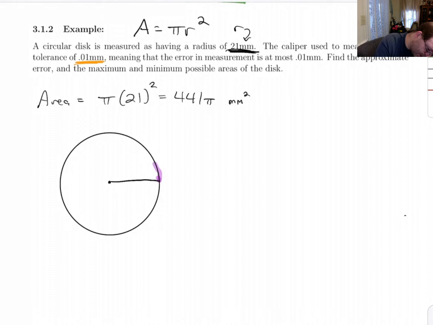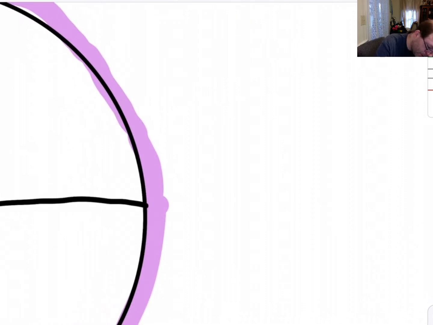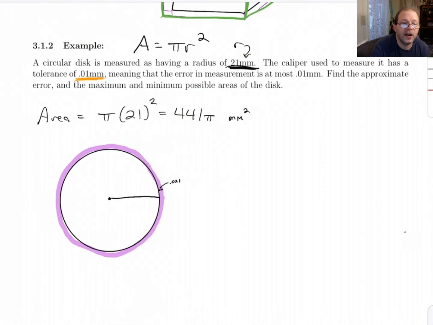If you take this and I want this to go around the outside. I'm going to try to keep it on the outside of the circle. So if I take this right here, the width of this from one side to the other, that's supposed to be 0.021. That's the biggest that error could possibly be.